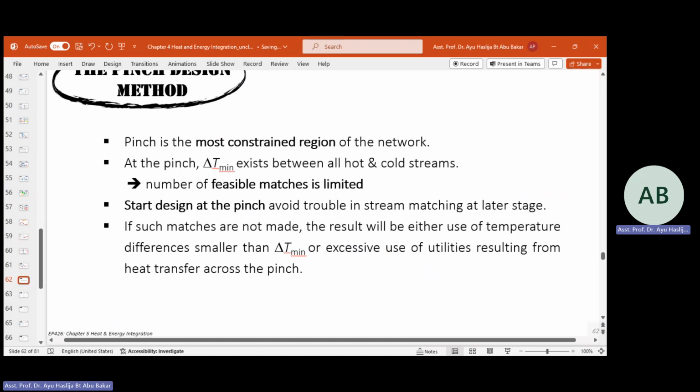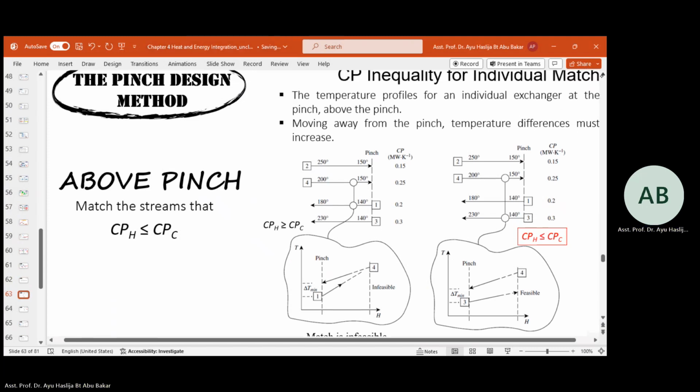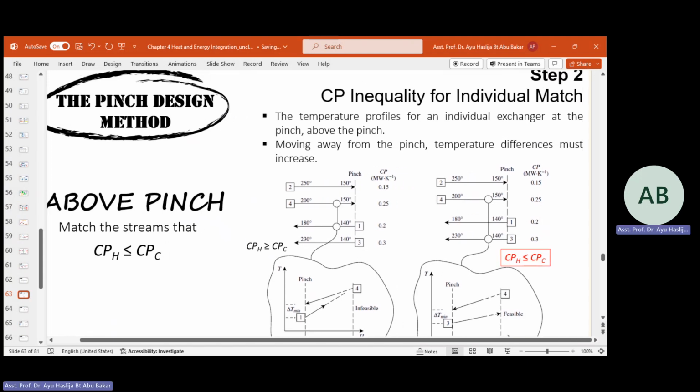The pinch design method, above pinch. Step 1, just now, we start at the pinch, divide above pinch and below pinch. Step 2, find the CP inequality for individual match.